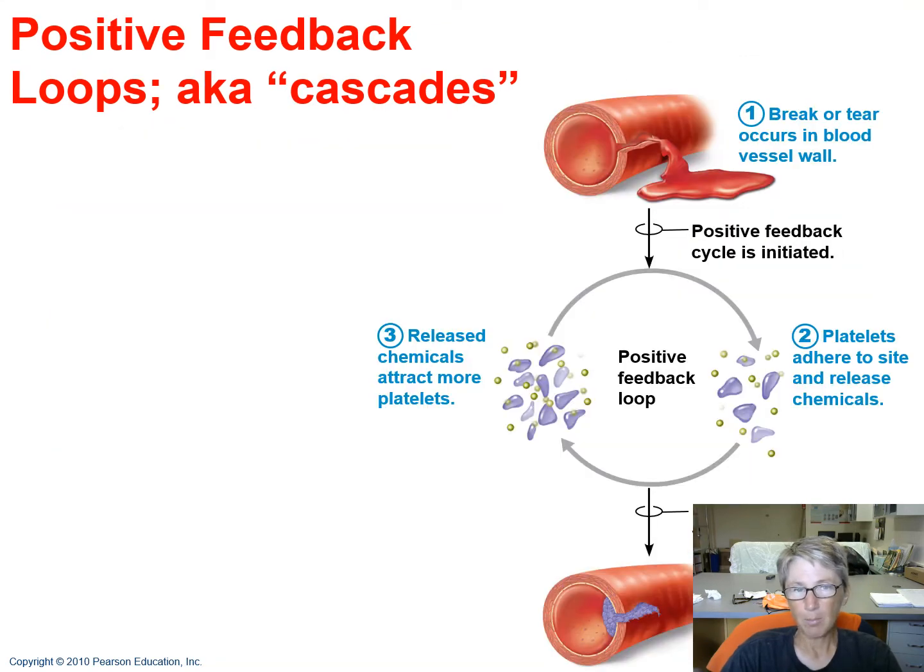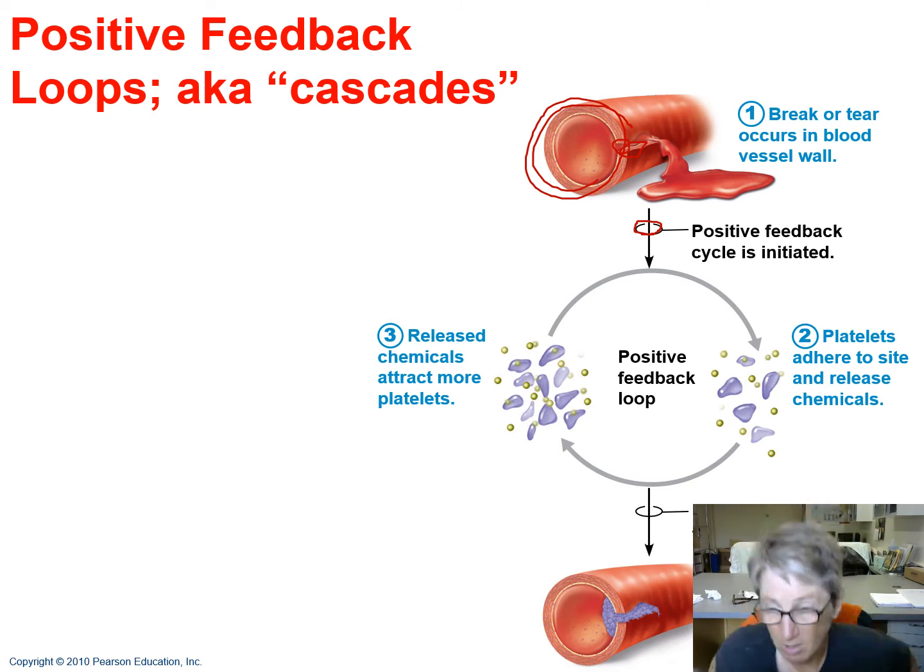Here's some more examples of positive feedback loops, otherwise known as cascades. So here's your blood vessel. This is a cross section of your blood vessel. So let's say you get a break or a tear here in your blood vessel wall. You start this positive feedback cycle of forming a blood clot. And we'll talk about this actually in 202 in great detail, how this works.